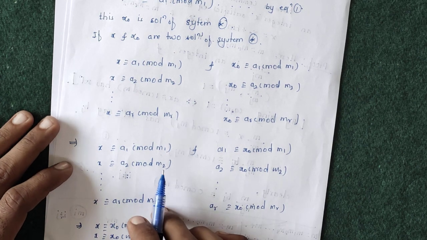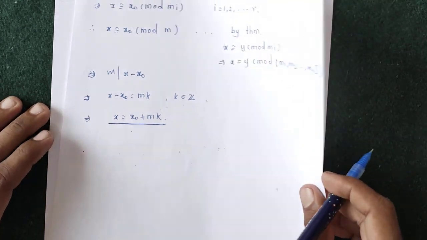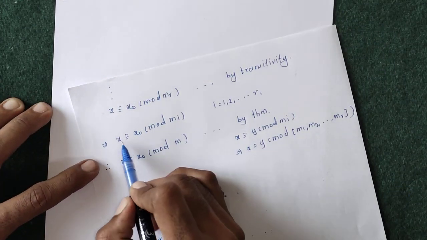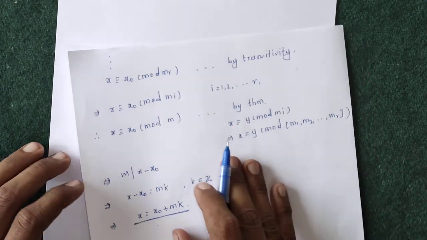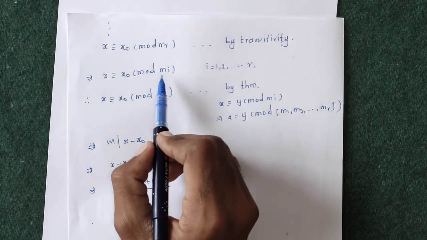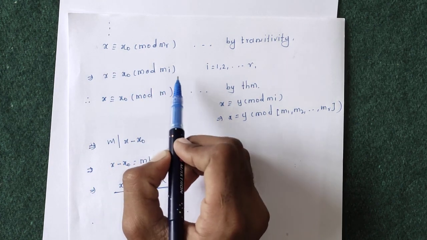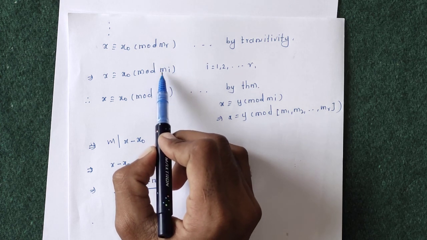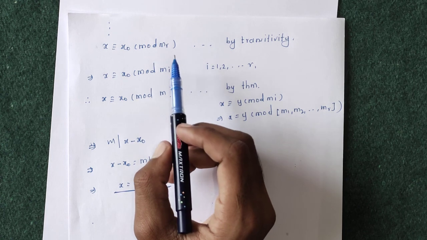And just writing this whole system in a single congruence, that is x is congruent to x naught modulo mi, i running from 1 to r. And using the result, if x is congruent to y modulo mi, then x is congruent to y modulo LCM of mi. And we know that these m1, m2 up to mr are all relatively prime in pairs.